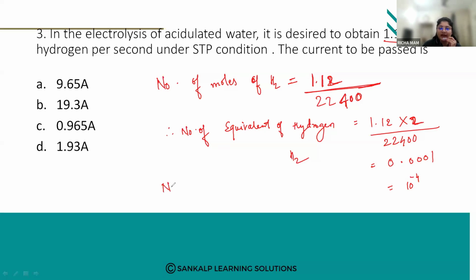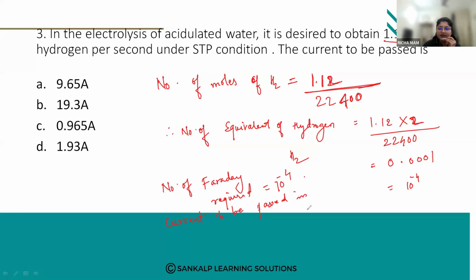So how many Faradays are required? The number of Faradays of current required is 10 raised to minus 4. Then how much current should be passed in 1 second?